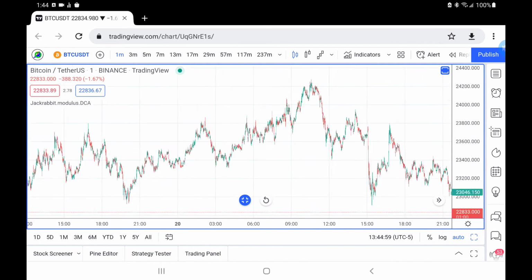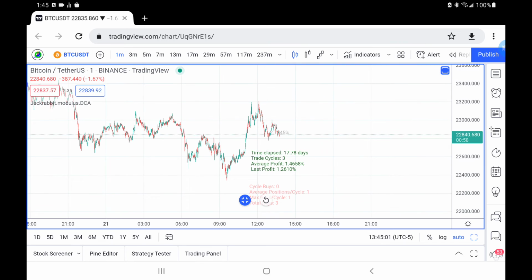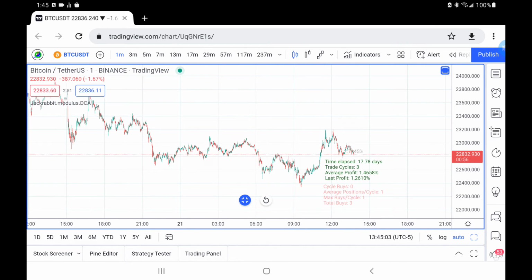Okay, let's go to the end of the chart. So here we have a fairly good representative of the changes we've made. 3 completed trade cycles with an average profit of 1.4%. Last profit brought in 1.2%.